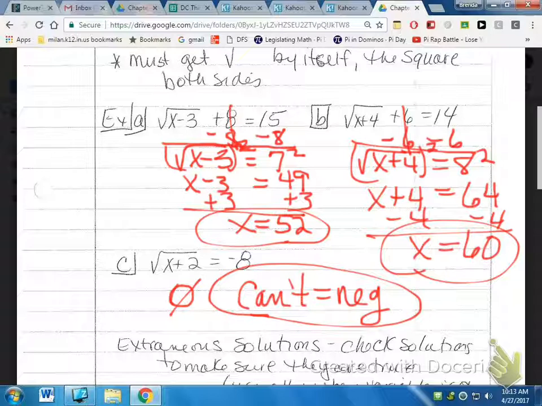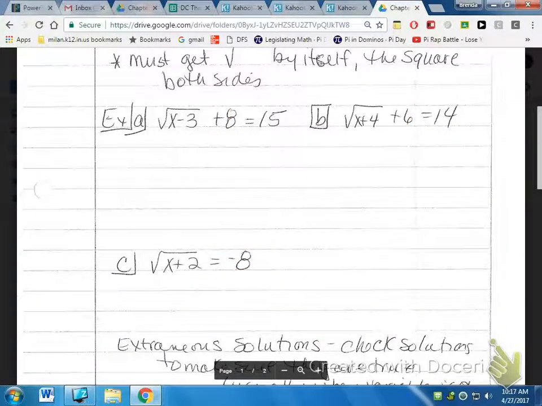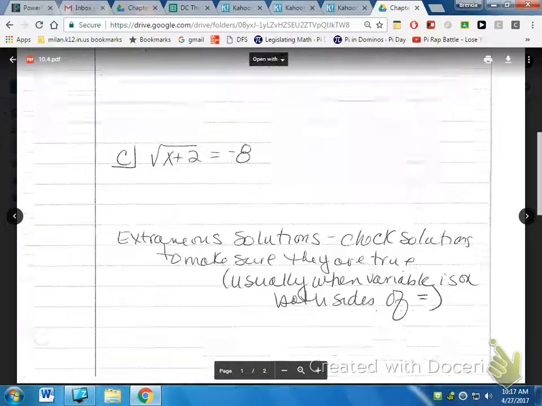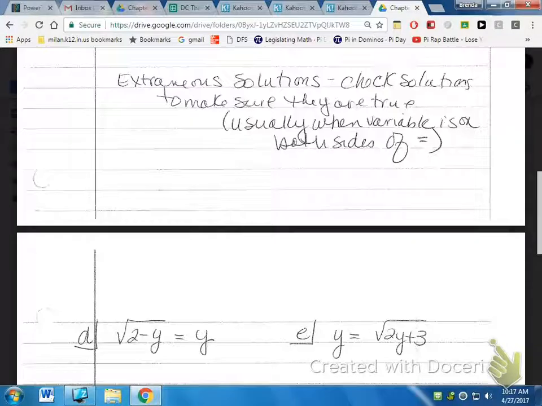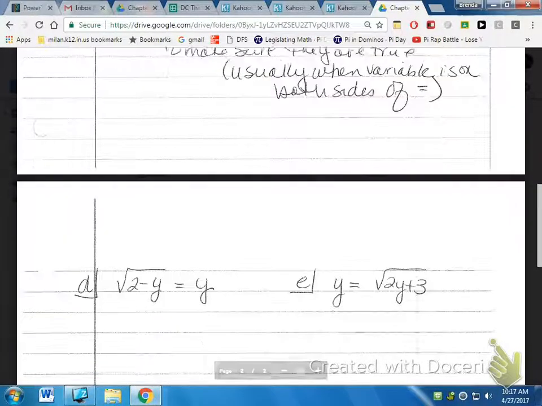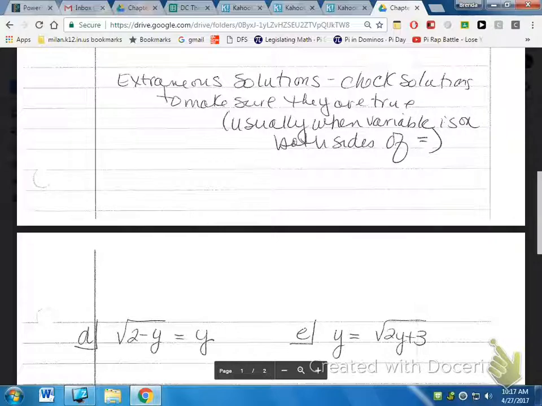Now, extraneous solutions. Doesn't that even sound painful? Extraneous. Anyway, extraneous solutions. You have to check your solutions to make sure they are true. This happens when there is a variable on both sides of the equal sign.